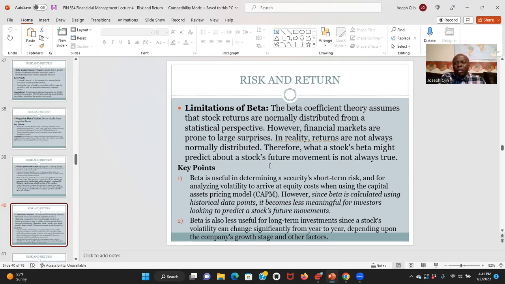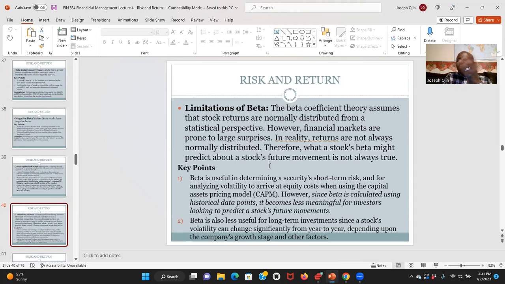But remember that beta is calculated based on historical data points. So this means that the results may not be meaningful for investors who are looking to predict stocks' future movement.